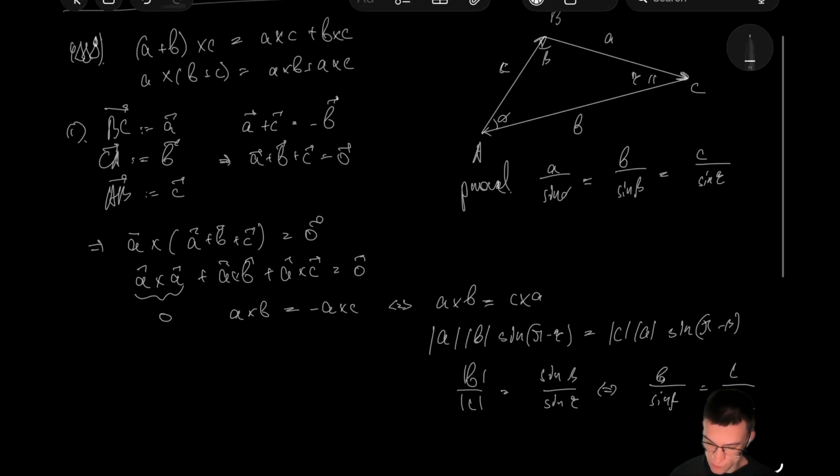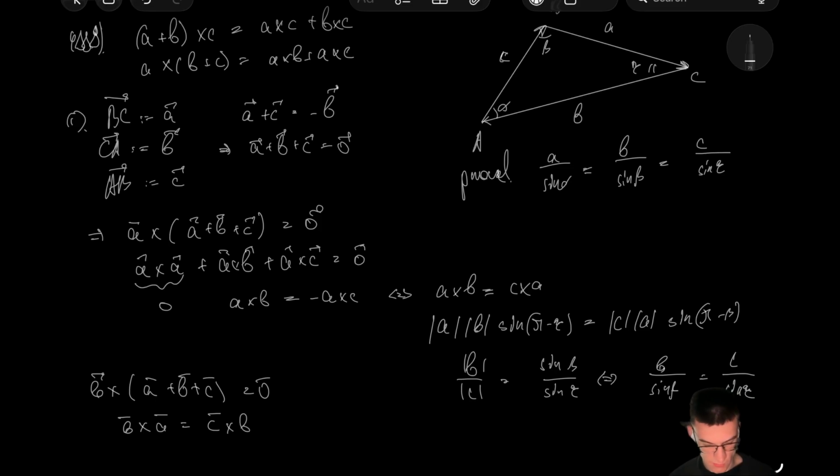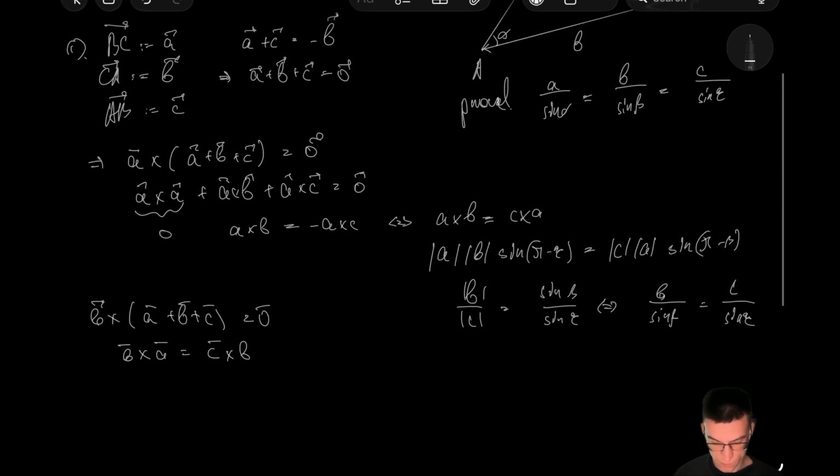And in the same way, we can prove that if we, for example, multiply B by the cross product A plus B plus C, the zero vector, we can find the same relation for B and, in this case, A and C. So A over sine alpha equals C over sine gamma.